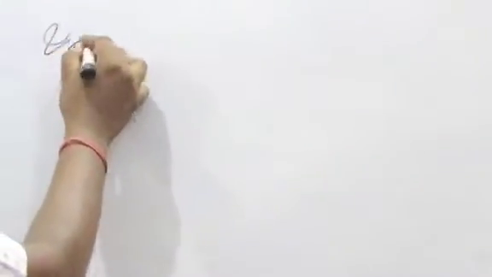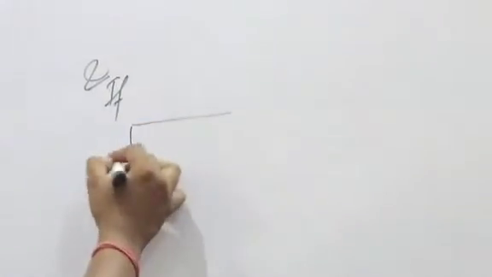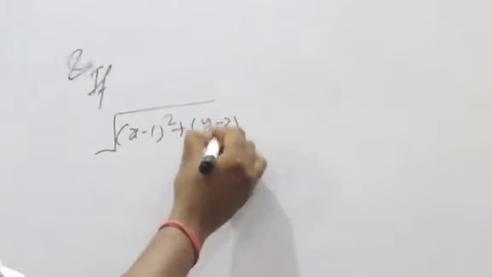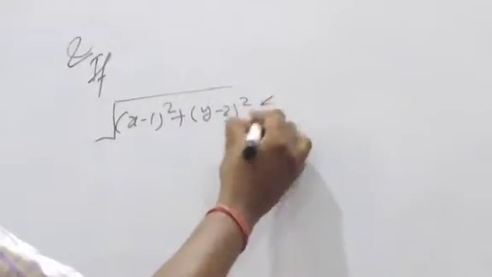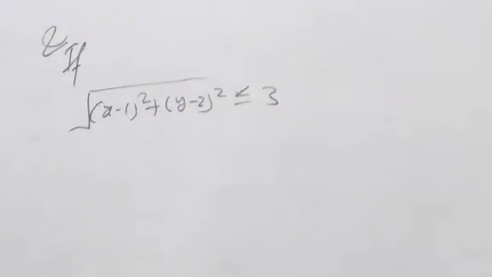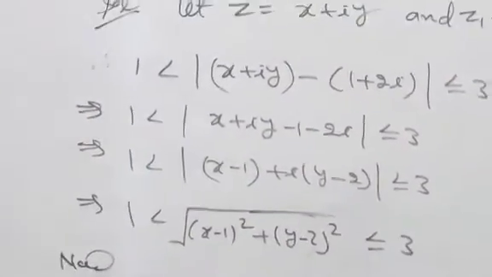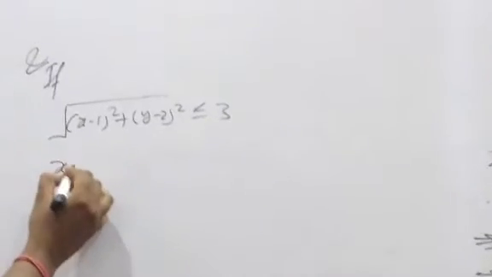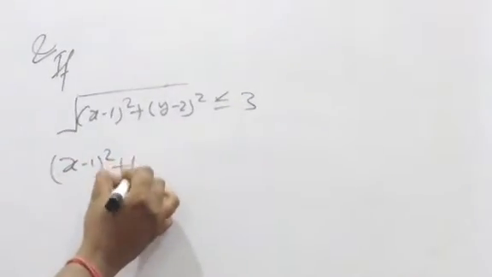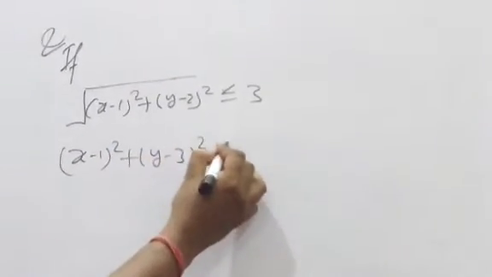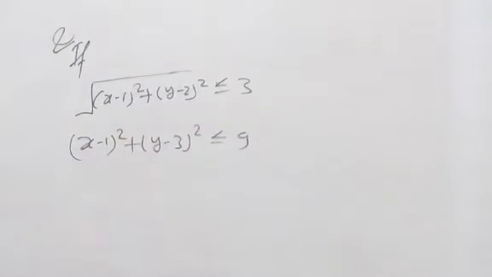Now similarly, we can make this one, and if under root x minus 1 whole square plus y minus 2 whole square is less than or equal to 3, with the help of this rule also we can find this equation, means squaring both the sides, x minus 1 whole square plus y minus 2 whole square is equal to 9.